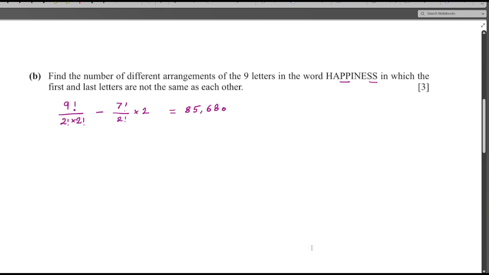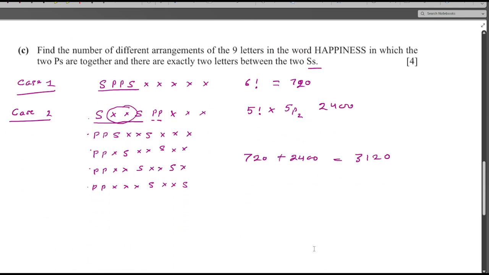Okay, now let us understand once again. Here I made two cases. In one case, I have two p's between two s, so that whole group, 2s and 2p together, can be considered as one alphabet, and like that I have 1, 2, 3, 4, 5, and 6. So they themselves can be arranged in 6 factorial ways. Second, we considered two different alphabets between s.